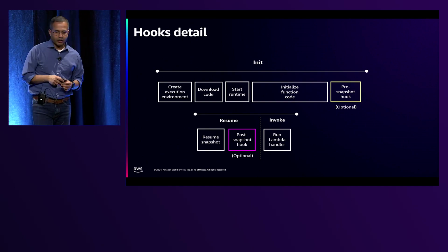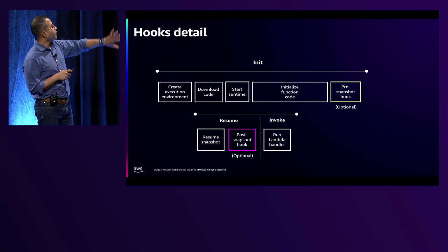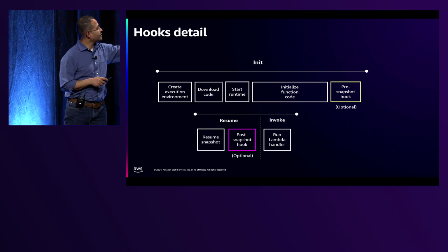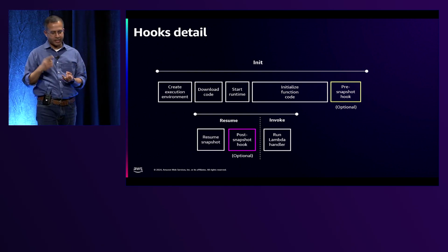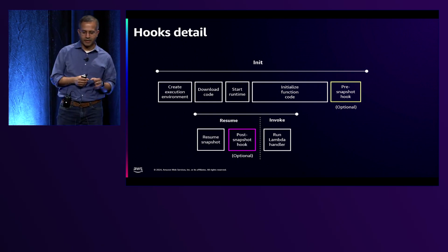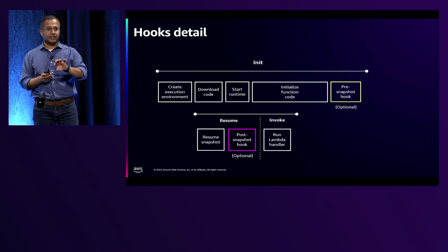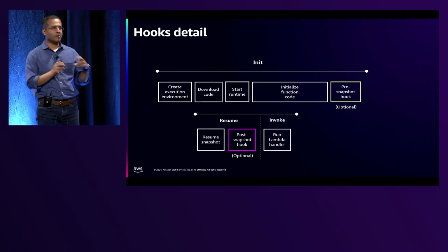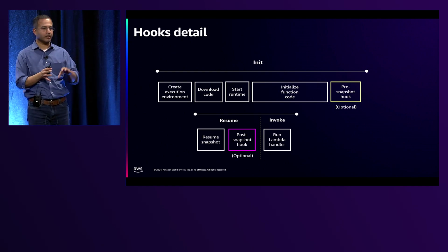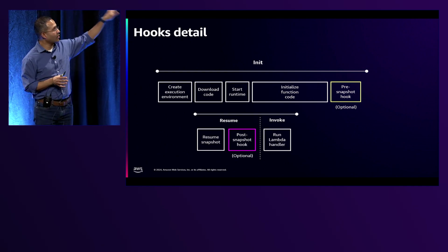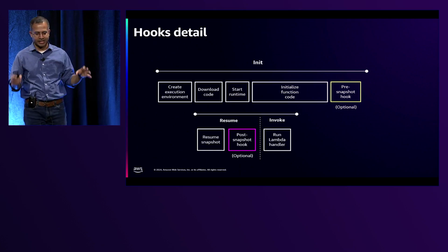All right, moving on. Going back into all the different steps of initialization: there is the creation of the execution environment, downloading code, starting runtime, and when you have made a decision on what parts you can move into a pre-snapshot hook, that's where the logic goes, and all of that is part of that initialization.